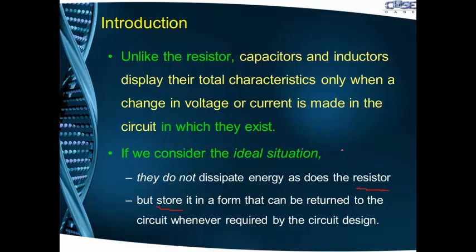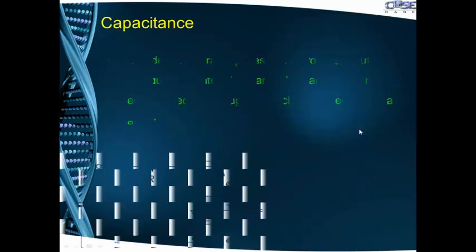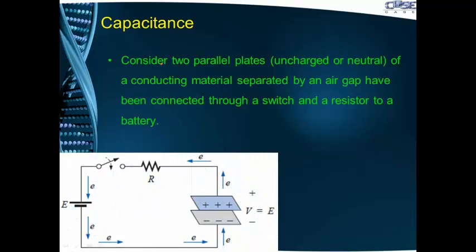So first of all, what is capacitance? For that, consider two parallel plates which are uncharged or neutral. Initially they are neutral, that is, no charge exists, and they are made of conducting material separated by an air gap, and have been connected through a switch and a resistor to a battery.